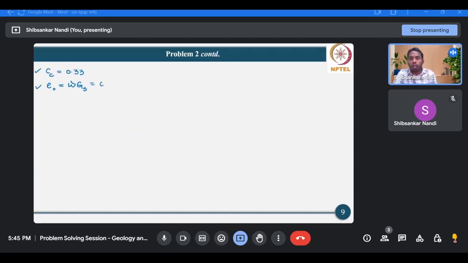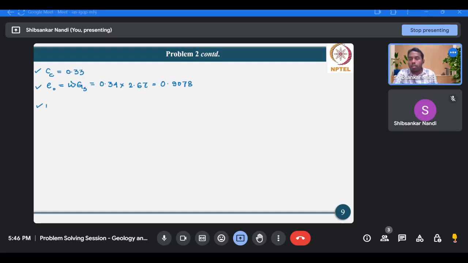So 0.34 multiplied by 2.67, so it's 0.9078.